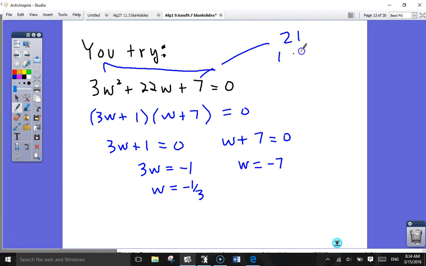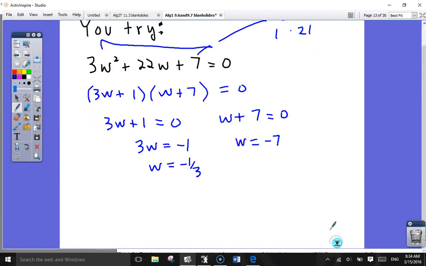1 and 21, right? So you would have to split this up. I'm going to show it on the bottom here. You would split this up: 3w squared plus w plus 21w plus 7 equals 0. All right, I'm going to group on the same line because I've got a plus in between parentheses.